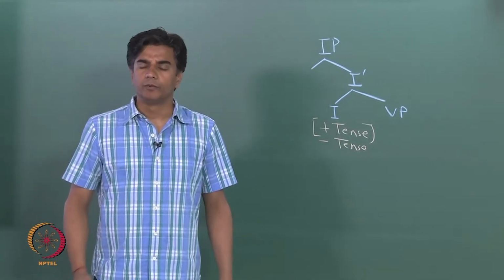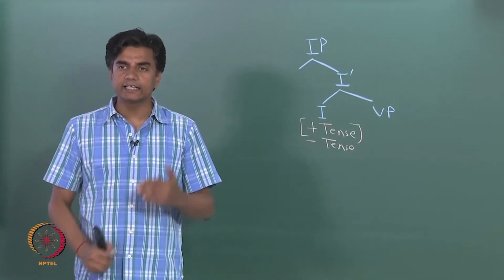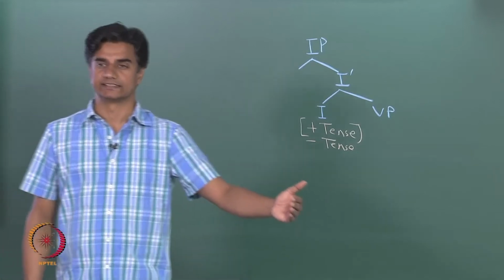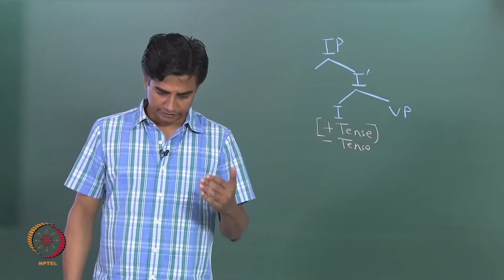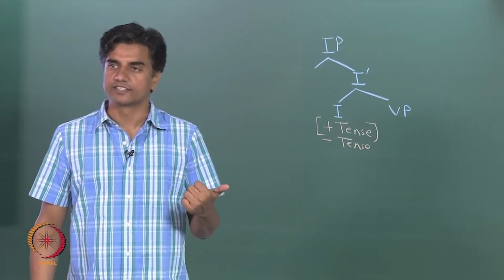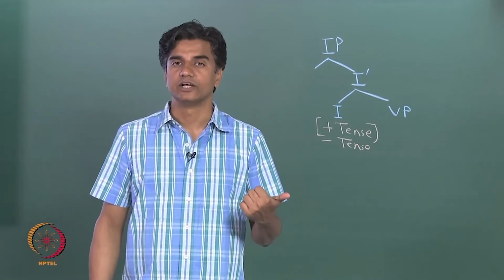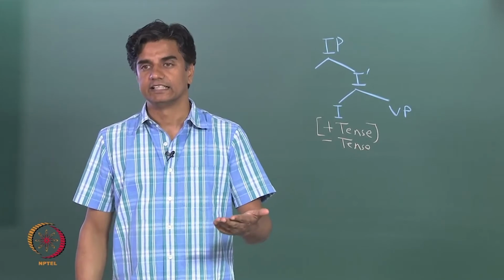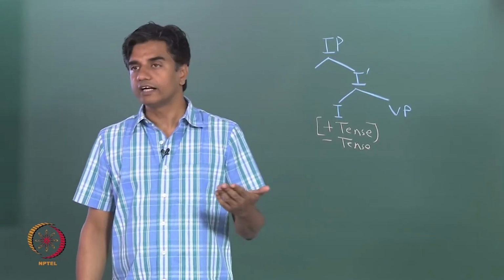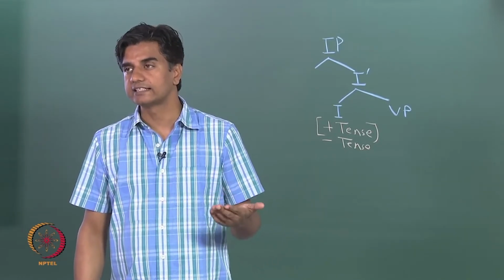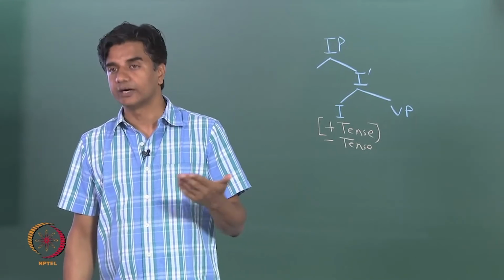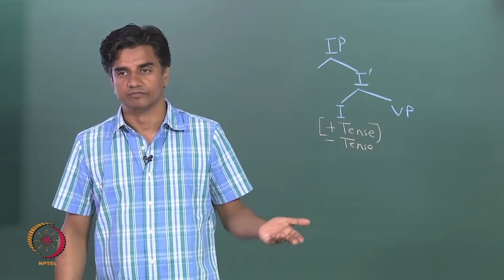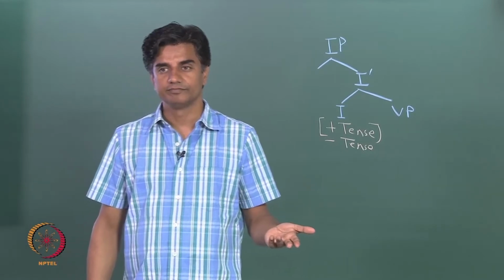Very simple. Finiteness directly corresponds to tense. The moment we say a finite clause or a finite sentence, we mean a sentence with tense. The moment we say non-finite clause, we mean a sentence without tense. That's all. Clear?